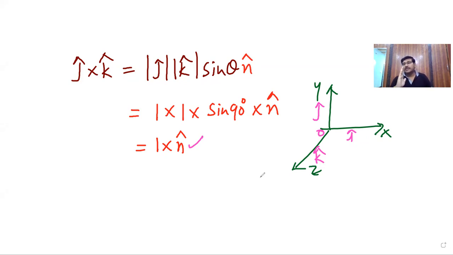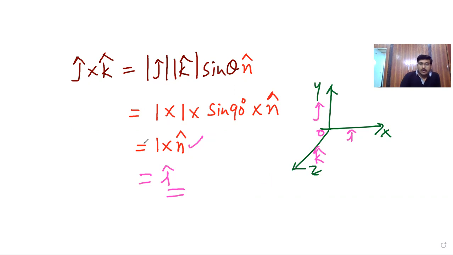J bar is this direction. And J bar cross K bar, curl them towards K bar. This is K bar. And the outward direction is showing for J bar cross K bar. That is nothing but I bar. Clear?